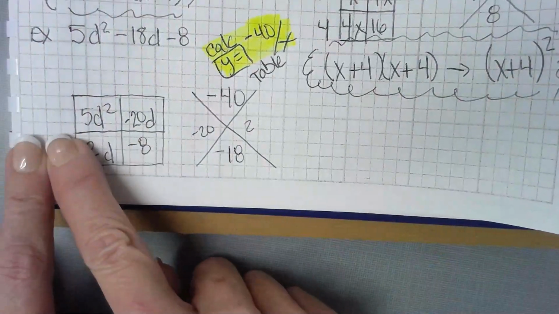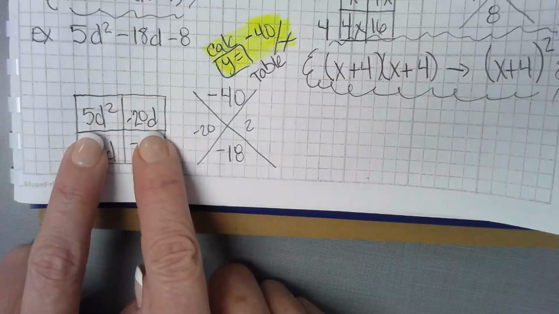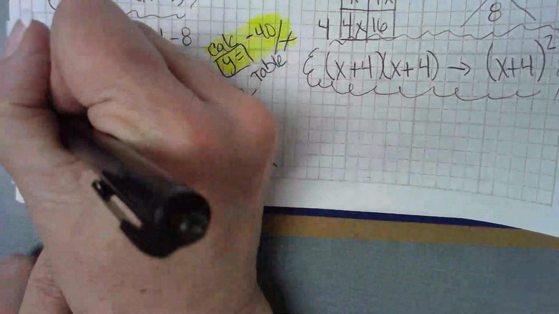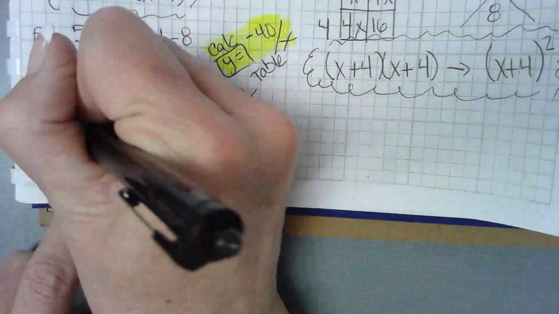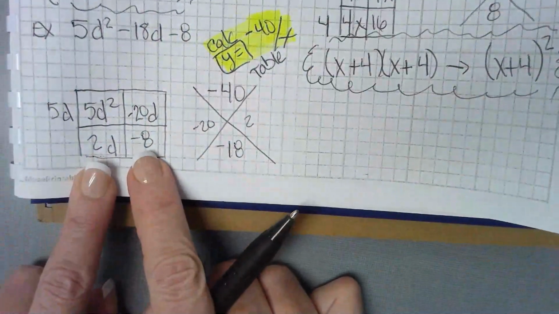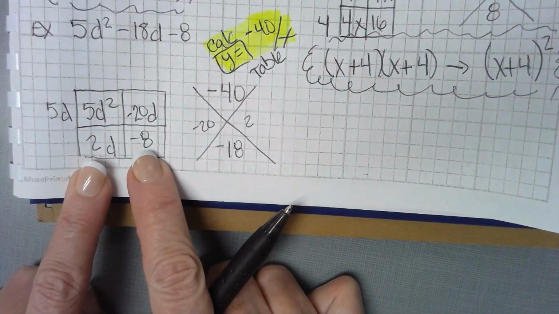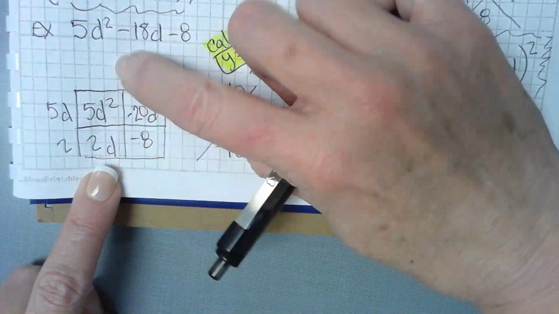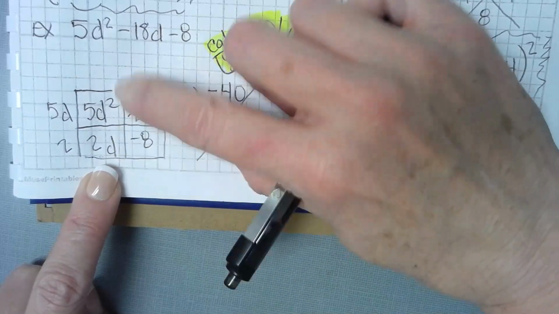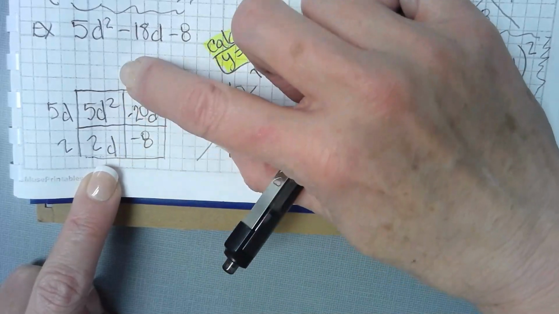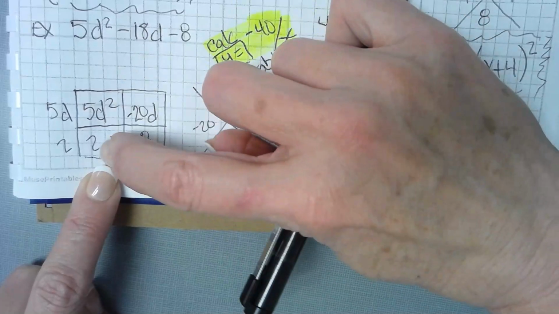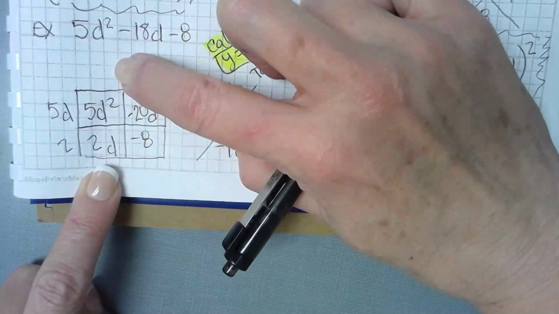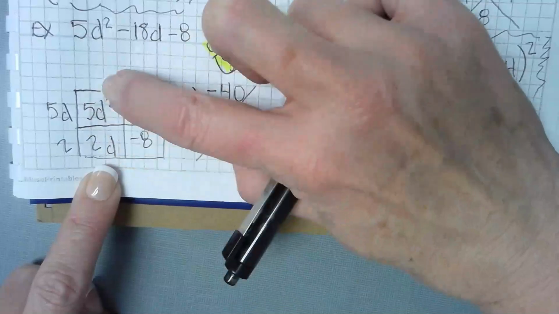Greatest common factor. 4. Not 4, because 4 won't go into 5. You're almost there. You picked the wrong number. 5. 5 what? X. D. Okay, how about here? 2. 2. How about here? 8 will not go into either one of those. 4. 4 won't go into either one of these.